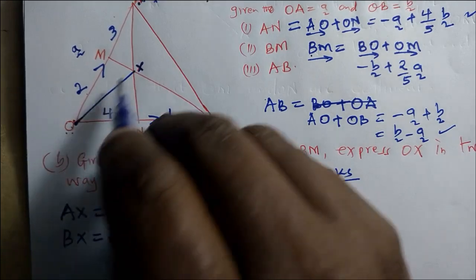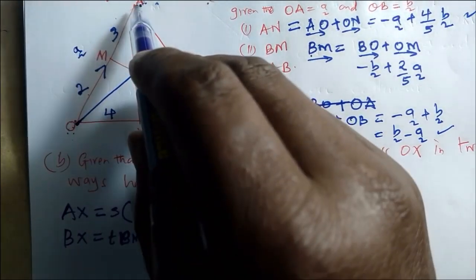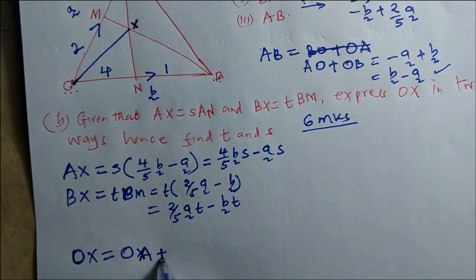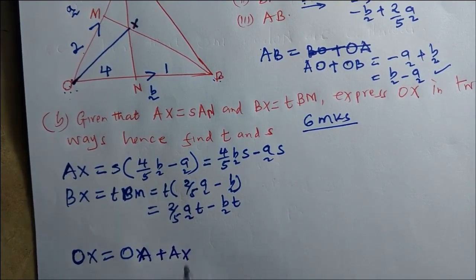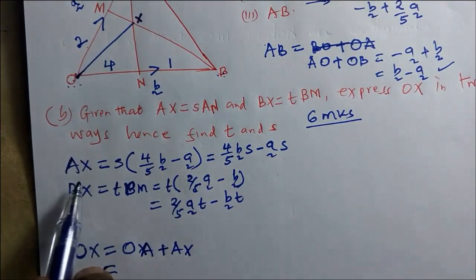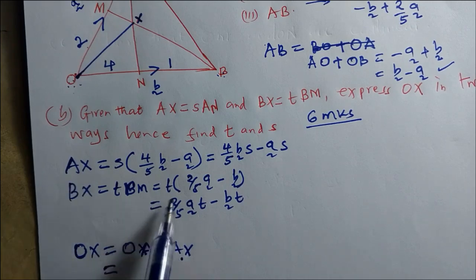So OX can be OA plus AX. Make sure you go in the direction that contains the values we have obtained here, AX. We need to use that.